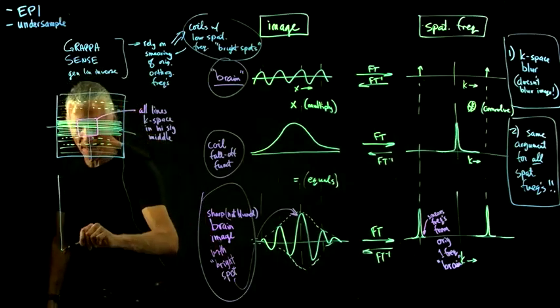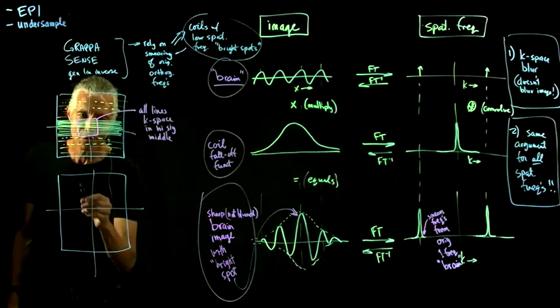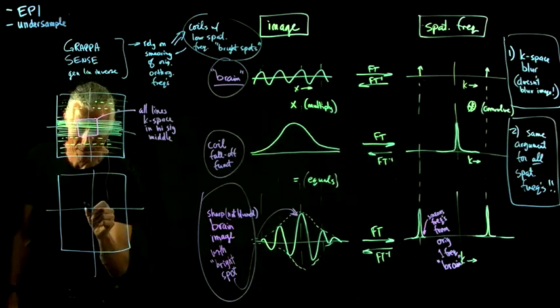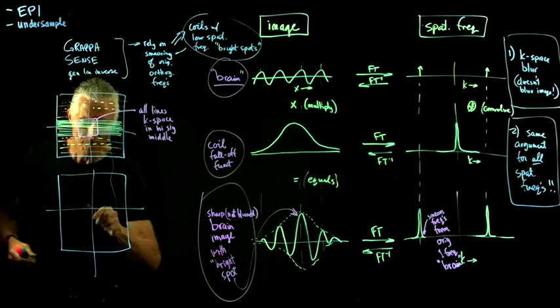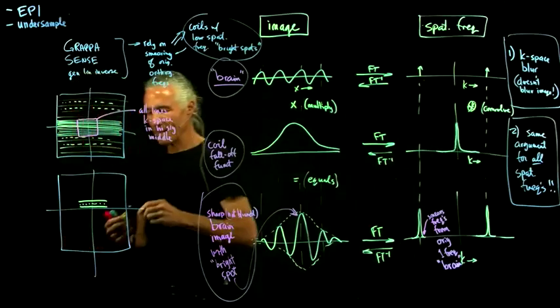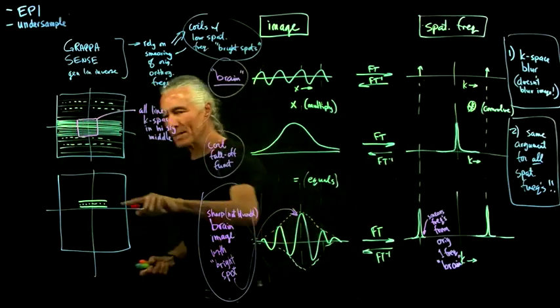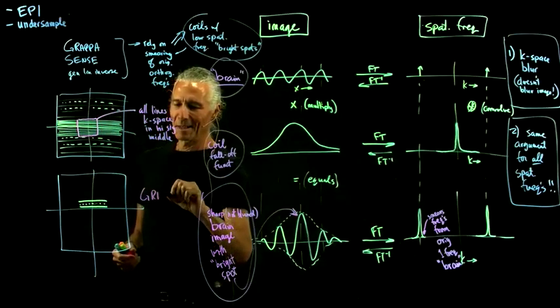We've got all the data there, and so we essentially try to predict the missing data. So here are some surrounding frequencies in K-space, and all we do is make what's called a GRAPPA kernel.